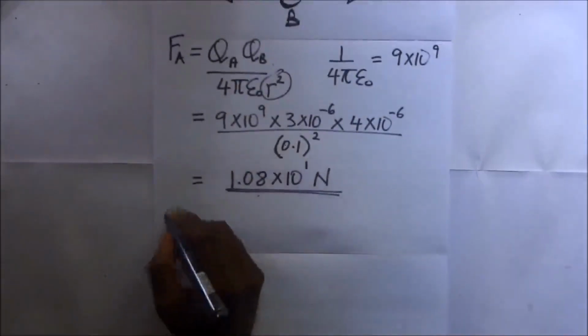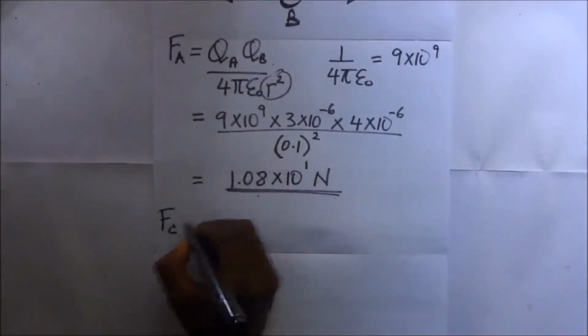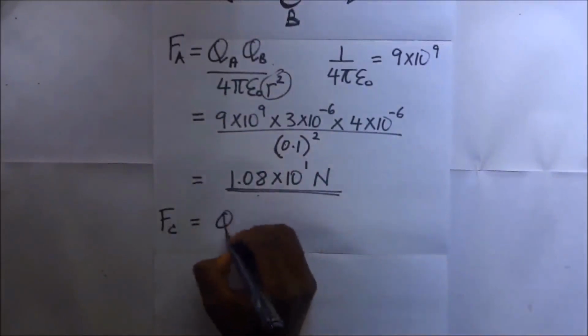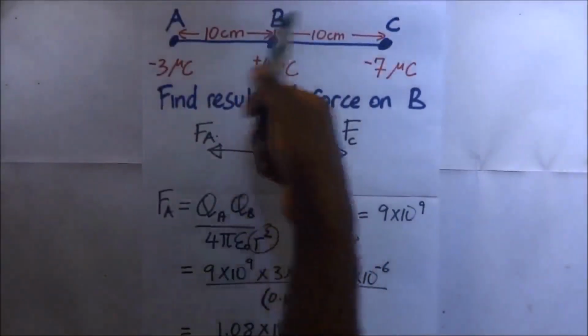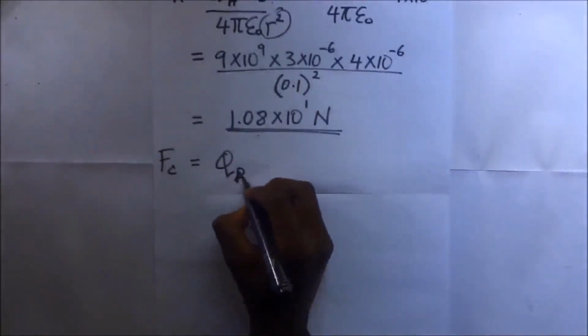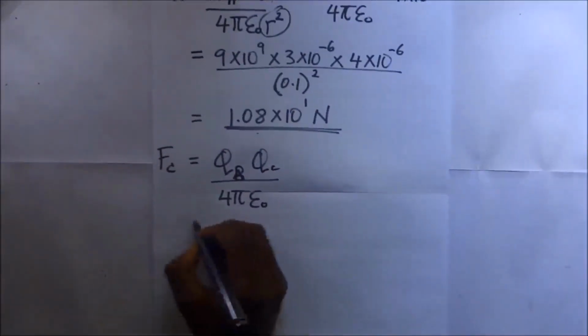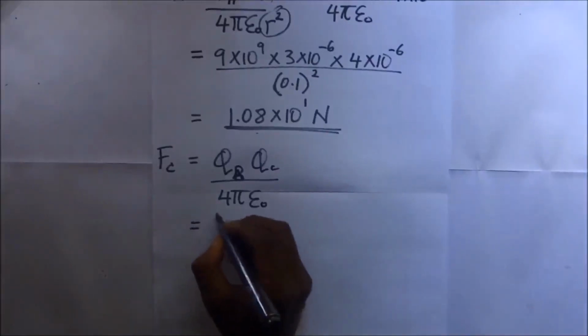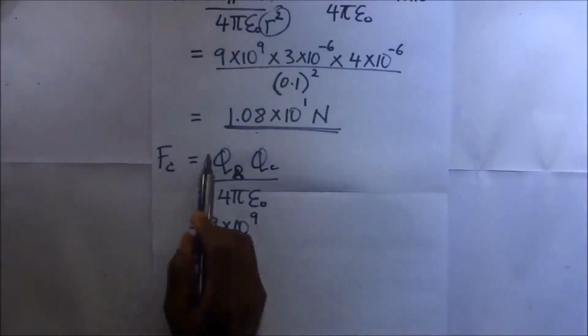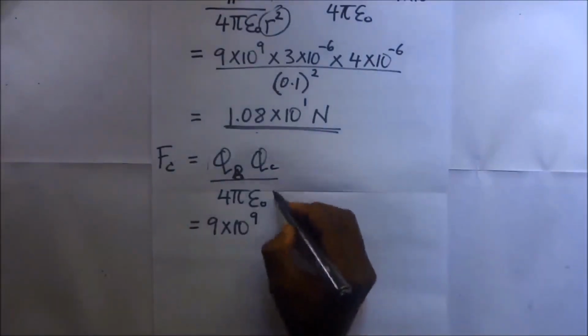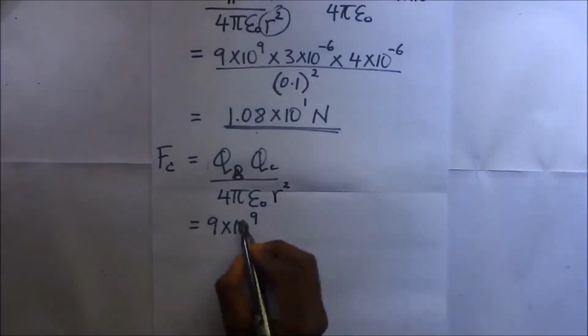Now let's find the force of attraction due to C in that direction. So the force due to C, FC, is going to be equal to QB and QC over 4 pi epsilon naught. So that's going to become 9 times 10 to the power 9, which is the 1 over 4 pi epsilon naught, over r squared.